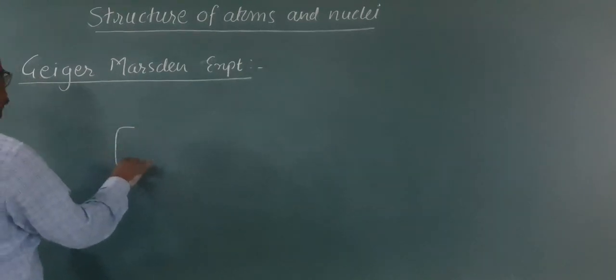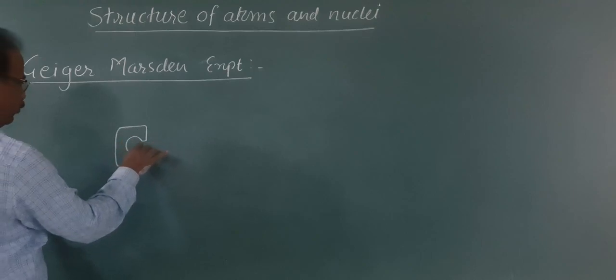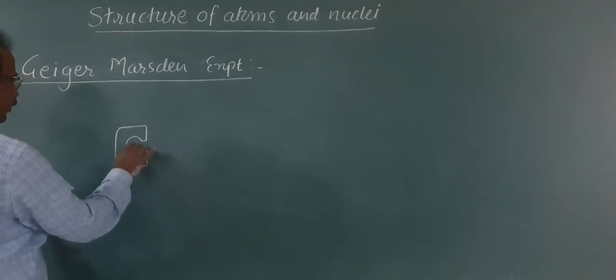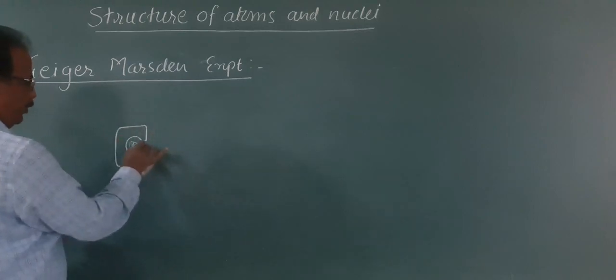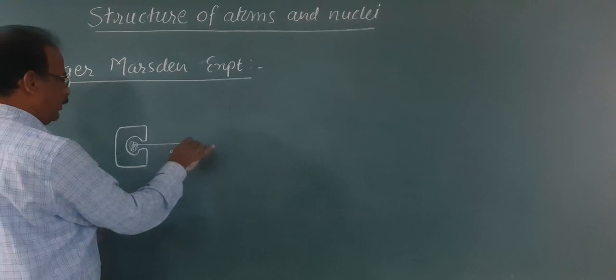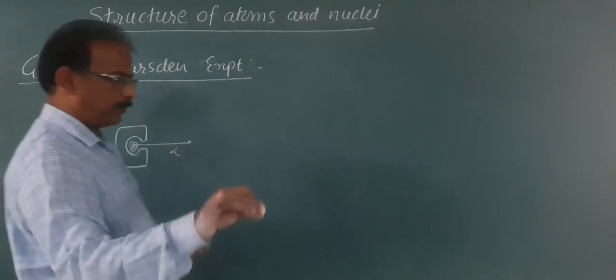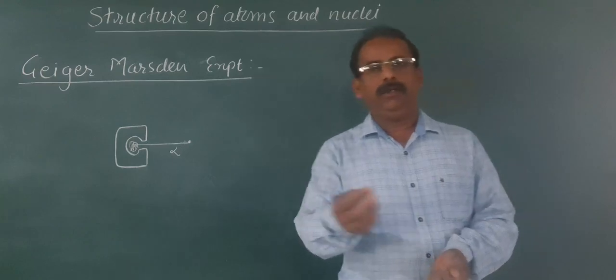Here, a radioactive substance is taken as the source of alpha particles. Suppose this is a radioactive substance which emits alpha particles. You know that alpha particles are positively charged particles. They are equivalent to helium nuclei.